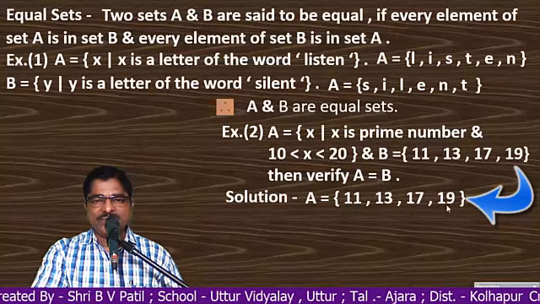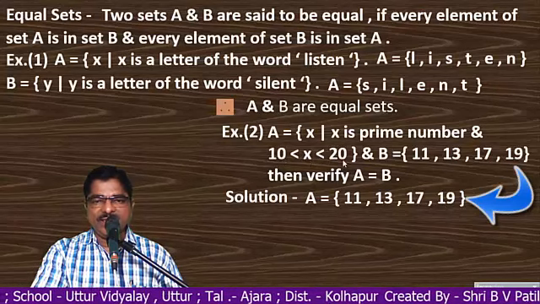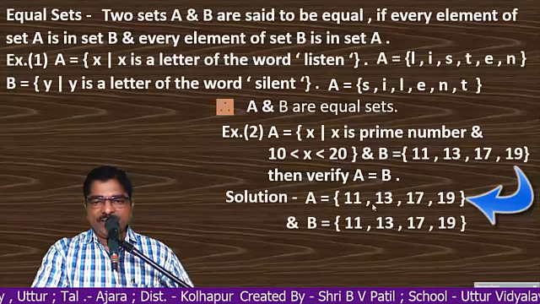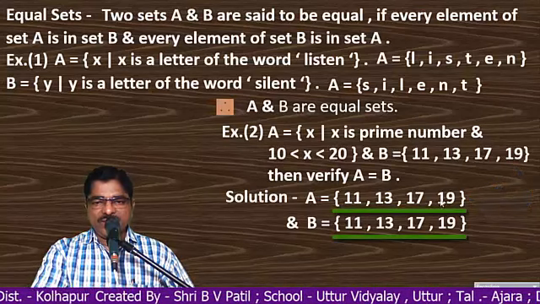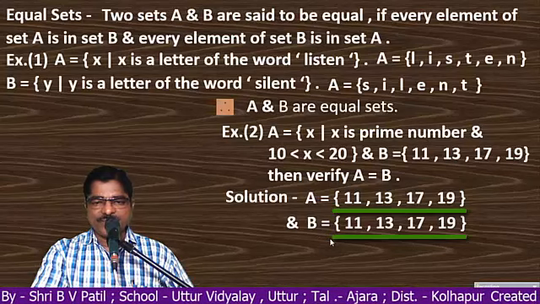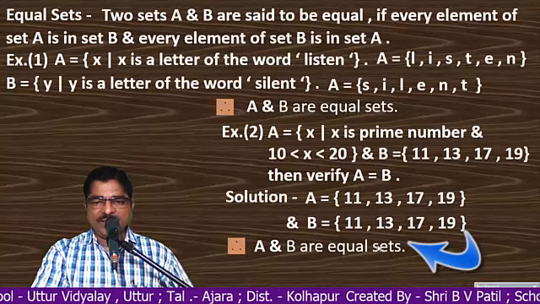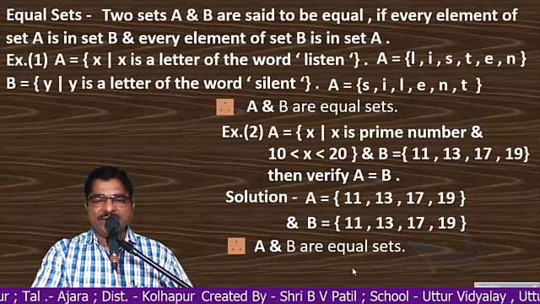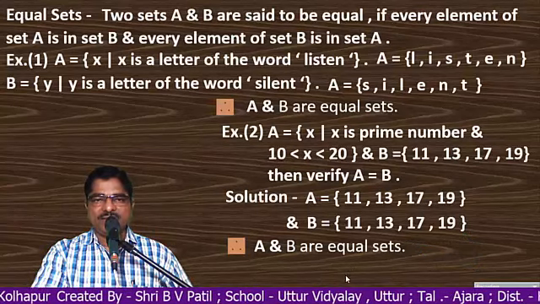These are the four prime numbers we get which lie between 10 and 20. Then set B is given, and here we get all elements of set A present in set B. Therefore, we say that A and B are equal sets. In this way we write equal sets. Thank you.